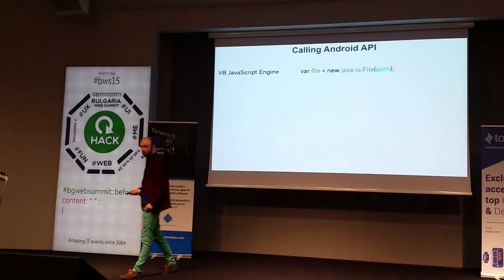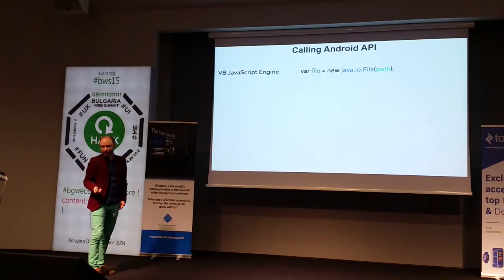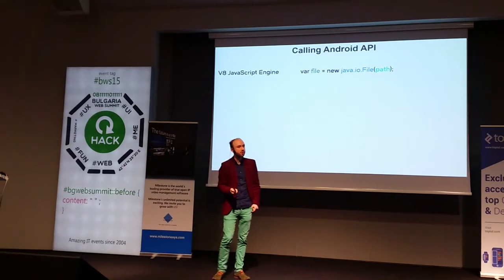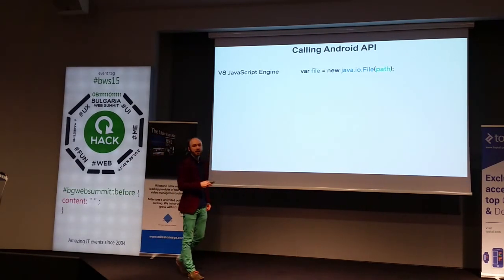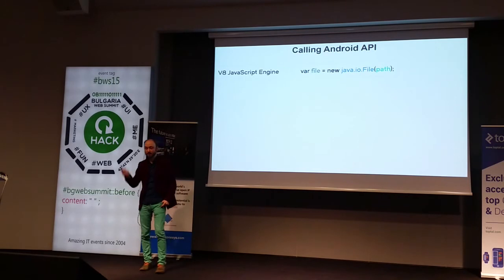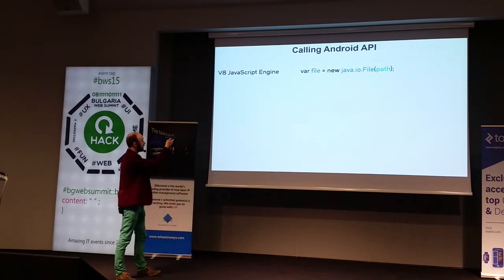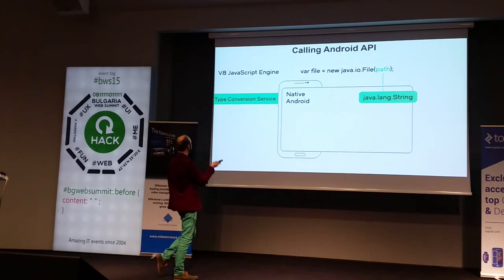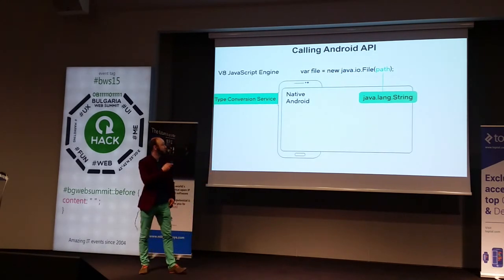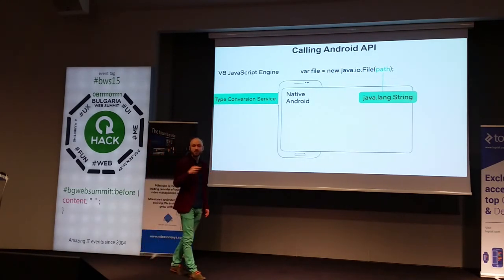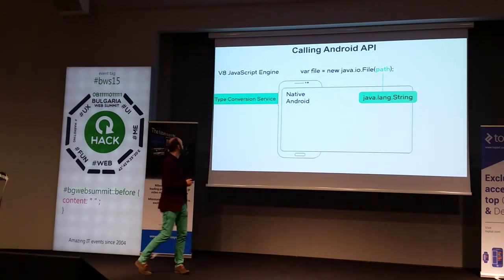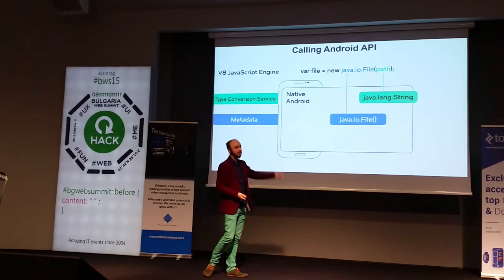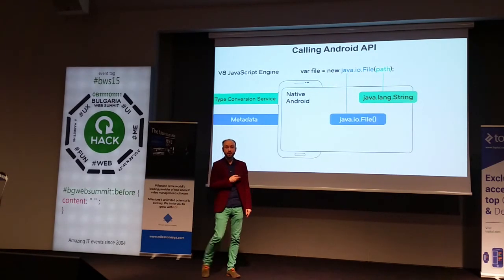To put that into context, let's use an example of how you would use JavaScript to call the Android API to create a file object. V8 will go and evaluate this line of code. The type conversion service will take the path and translate it into a java.lang.String, which is a native string object. Then the metadata will look up the native API and find the native constructor for the file object.